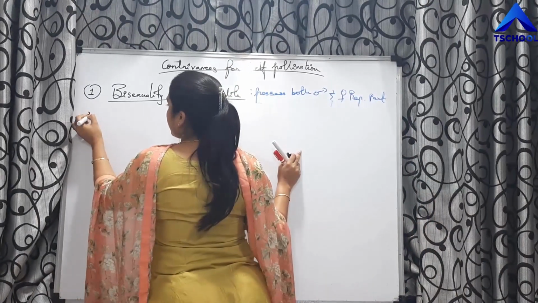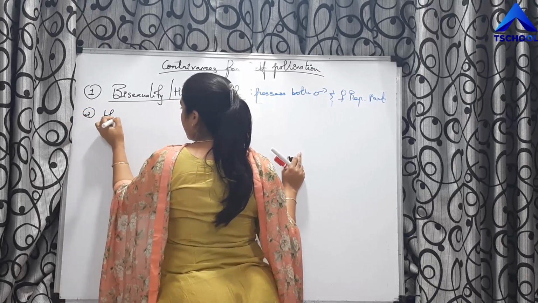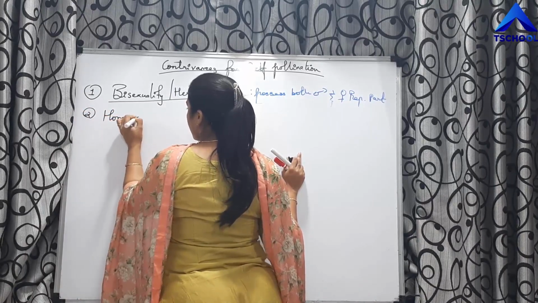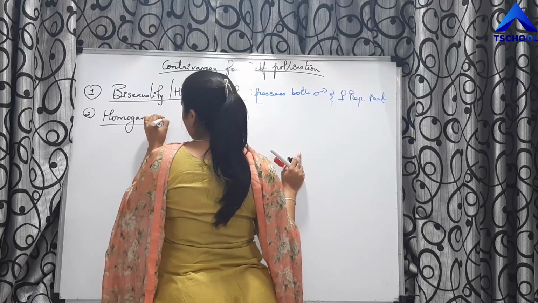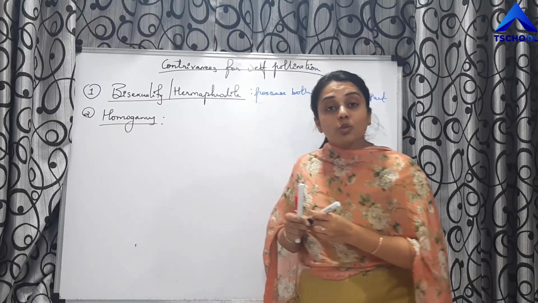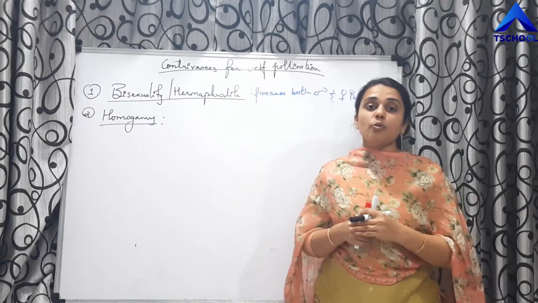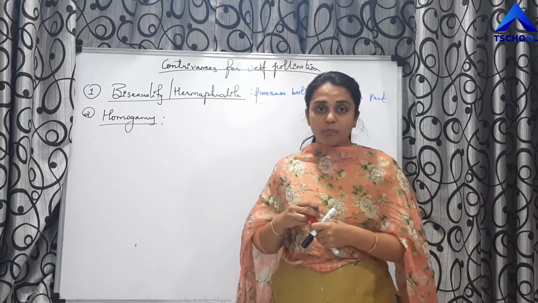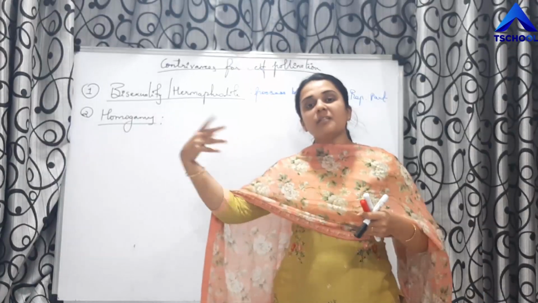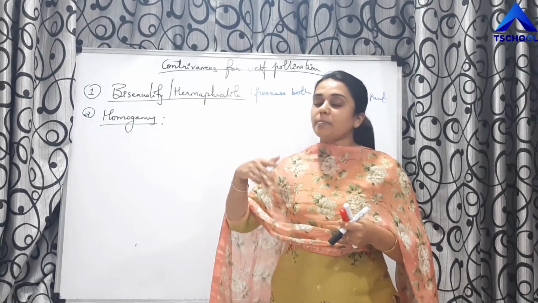Then the second one is homogamy. What does that mean, right? Though the flower possesses both male and female reproductive parts, what happens if the male reproductive part matures first?